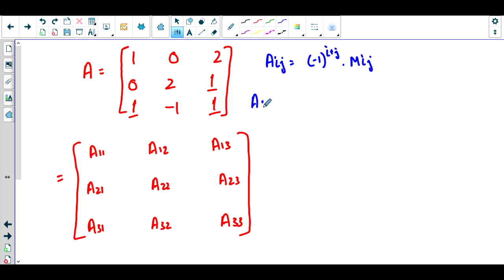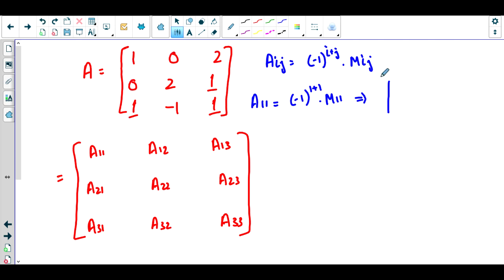Let's start with C11: (-1) power 1 plus 1, because ij is 1 1, into M11. What is M11? You remove the first row and the first column, so this is gone and this one is gone. What's left? We are left with 2 1, -1 1. These 4 will be left, right?